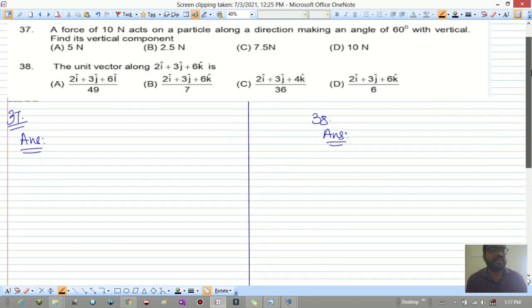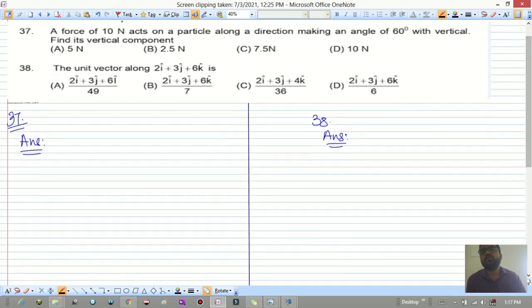37 and 38 now. A force of 10 Newton acts on a particle along a direction making an angle 60 degrees with the vertical. Find its vertical component. So we have the force 10 Newton. It is making an angle of 60 degrees with the vertical. Then we want its vertical component.